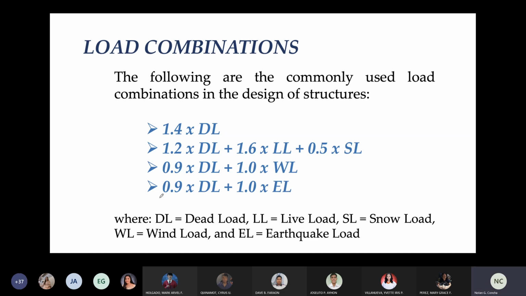A series of data. And they found out na rare naman na mangyari na magsama-sama itong mga ito into one loading combination. Kaya pinaliit nila yung mga load combination factors. Para sa ganun, hindi naman oversize yung mga structural members.